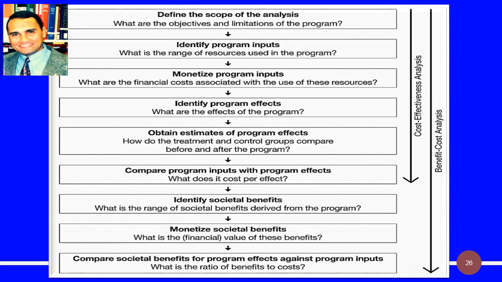Identify social benefits. What is the range of social benefit derived from this program? Continuity of the farm in production of more milk for the neighboring population. Compare social benefits of the program effect against program input. What is the ratio of benefit to costs?